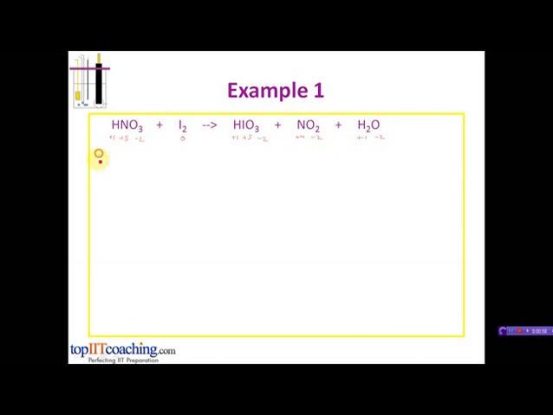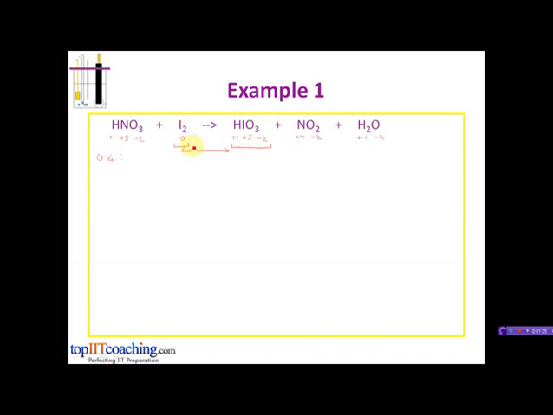Now first of all, let's consider the oxidation reaction that is taking place. This is the oxidation reaction that is taking place. As we can see, the oxidation number of iodine is increasing. Therefore, this is an oxidation reaction. The oxidation number of iodine in I2 is 0 and in HIO3 is +5.